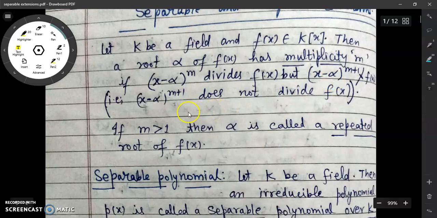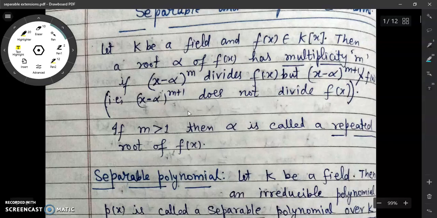For example, consider the polynomial (x minus 1) whole square into (x minus 2) over the field of rational numbers Q. Then we observe that 1 and 2 both are roots of this polynomial. But (x minus 1) whole square divides this polynomial, while (x minus 1) to the power 3 does not divide it.